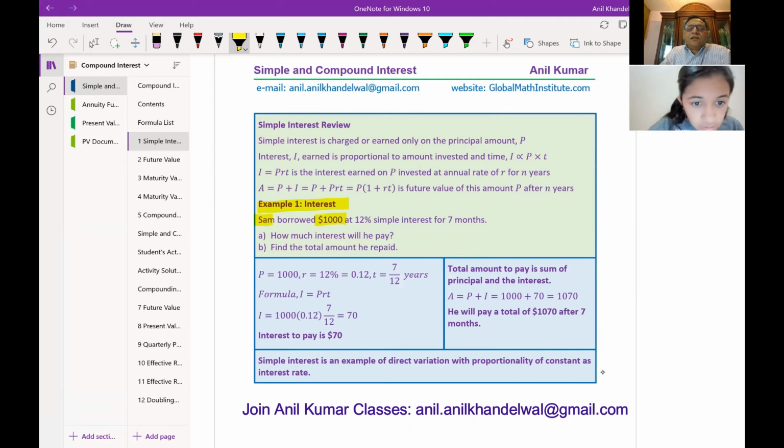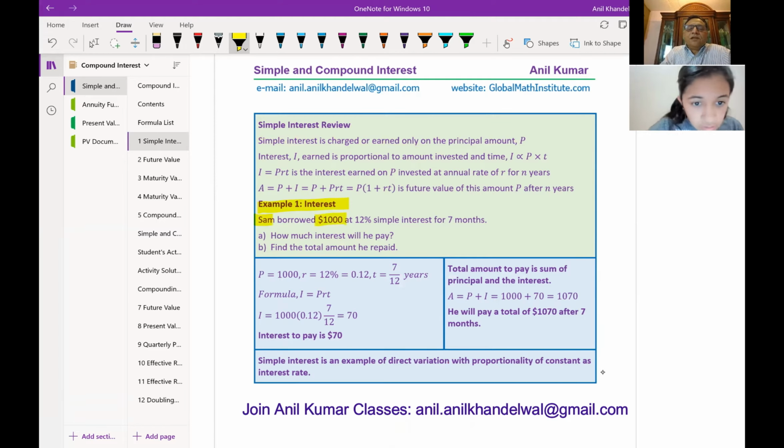Sometimes what we do is we do have to pay interest in smaller period of time also. So we don't have to wait for the whole year. So there are different ways of calculating. In this case, I'm taking this example to give you an idea that simple interest may not be calculated only at the end of the year, right? We may say that the interest is 12% per annum.